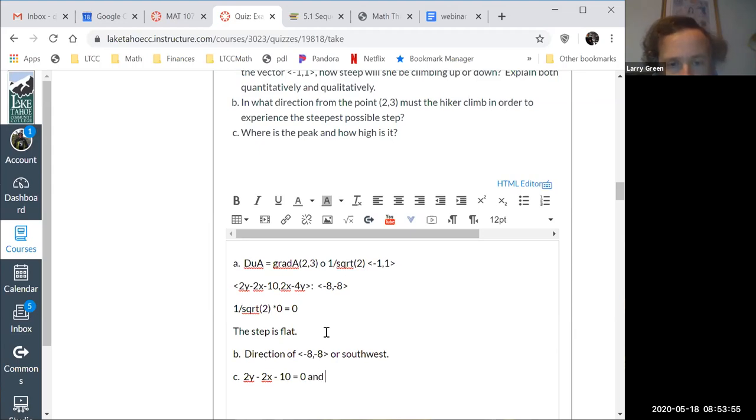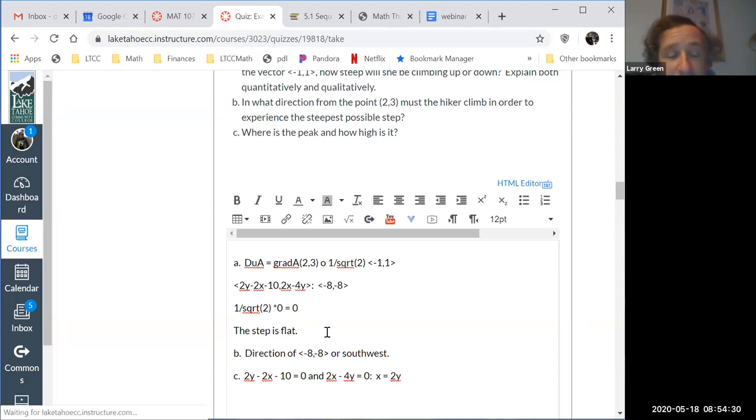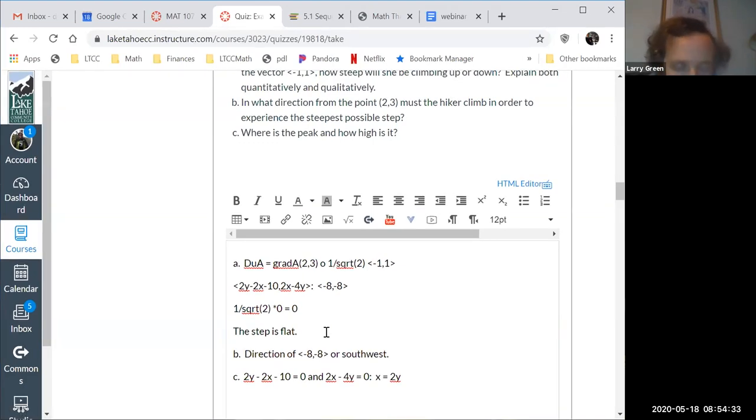And 2x minus 4y equals 0. Okay, I think the second equation is easiest, so I'm going to use that one. I'm going to solve for x, and we could say x is equal to 2y. Is that clear from the second equation? Just divide by 2 and move the 2y over. And then we just plug in. At the same time, I'm going to divide the first equation by 2.